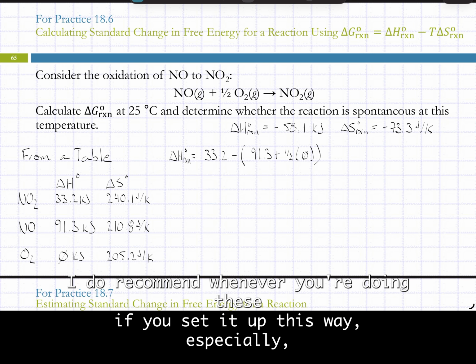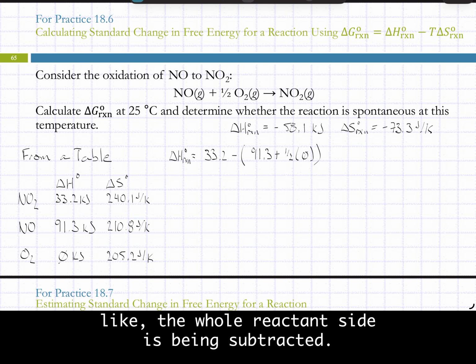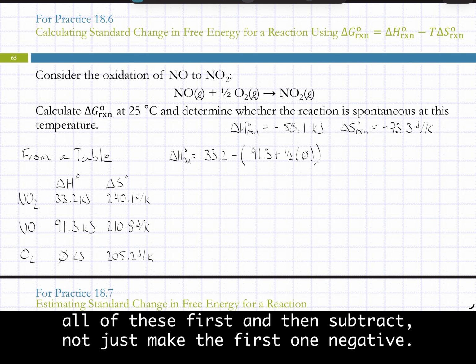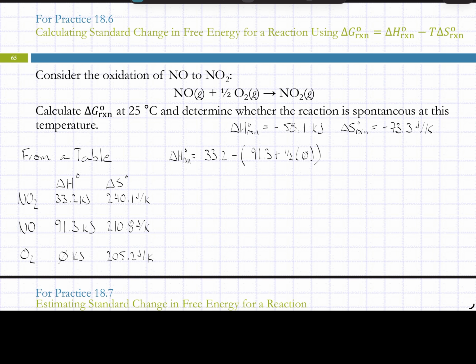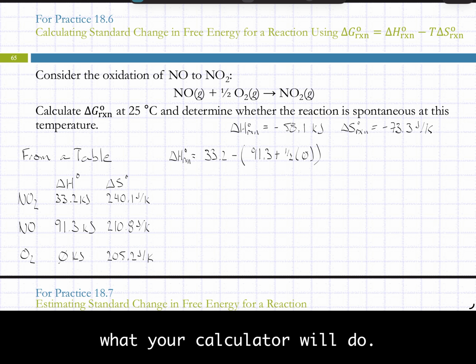I do recommend, whenever you're doing these, if you set it up this way especially, put parentheses around your reactants. Like the whole reactant side is being subtracted. So you want to calculate all of these first and then subtract, not just make the first one negative, especially on your calculator, because that's exactly what your calculator will do. So okay, delta H of the reaction then is negative 58.1.